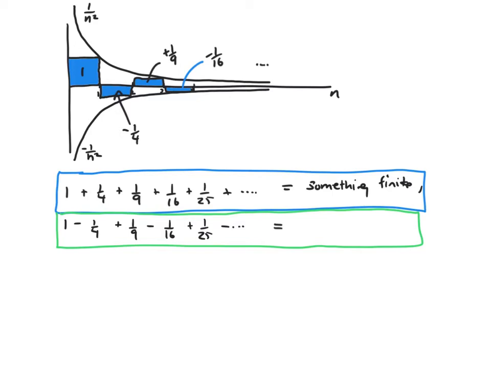And so if you have all the positive terms converging, summing up to something finite, then if I alternate the series, I must also get something finite. And it's going to be less than the thing in the blue box because of all that positive-negative cancellation that happens in the total sum.